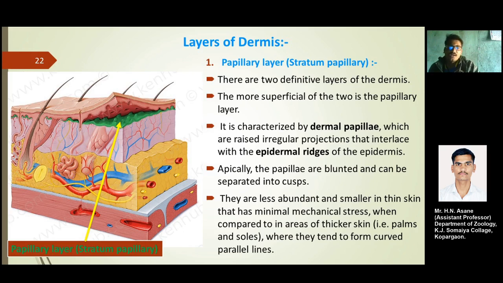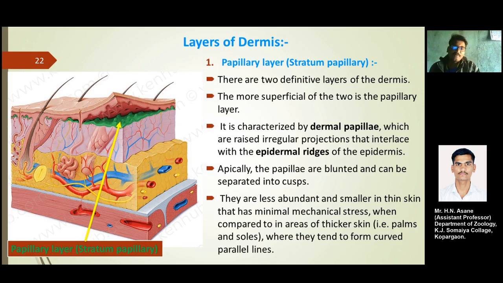So the epidermal ridges, these crista-like structures, are formed into the epidermis by the dermal papillae. Apically the papillae are blunted and can be separated into cusps.